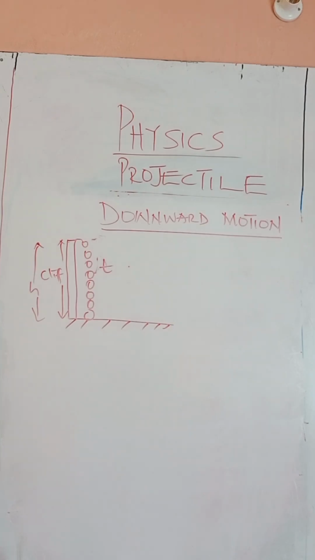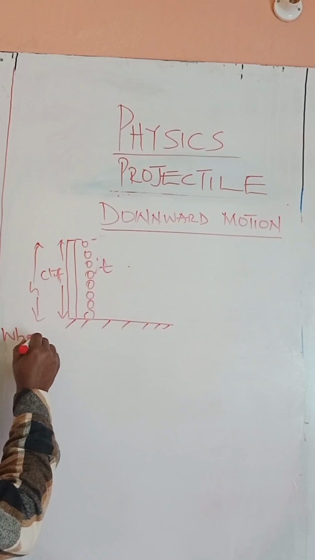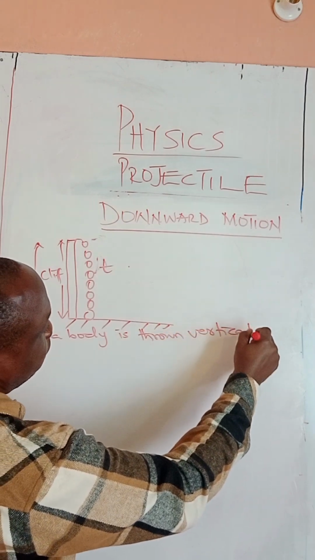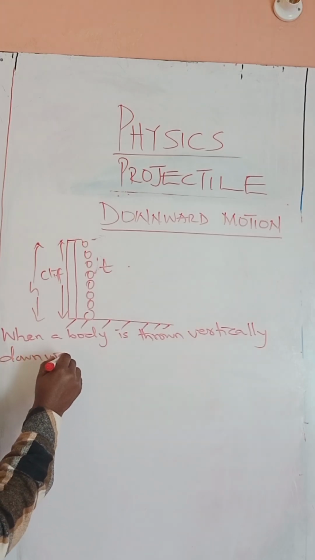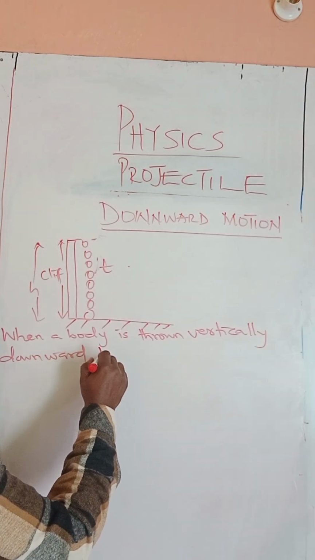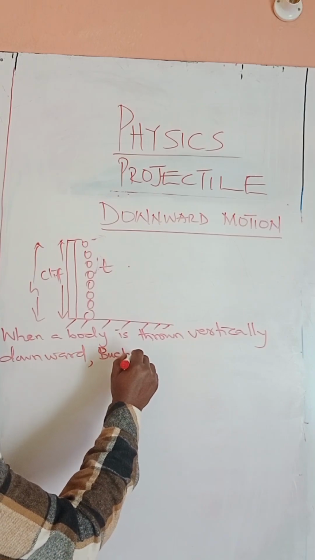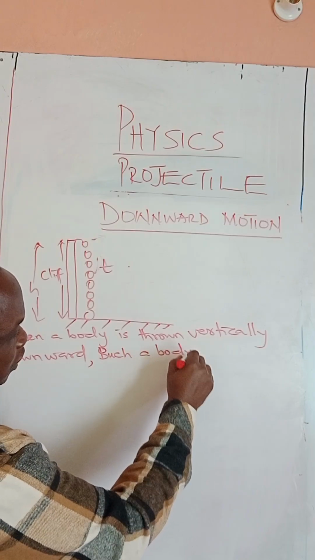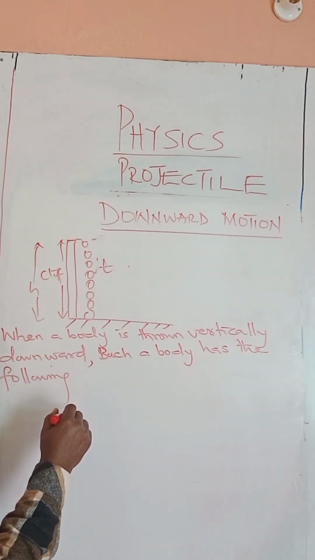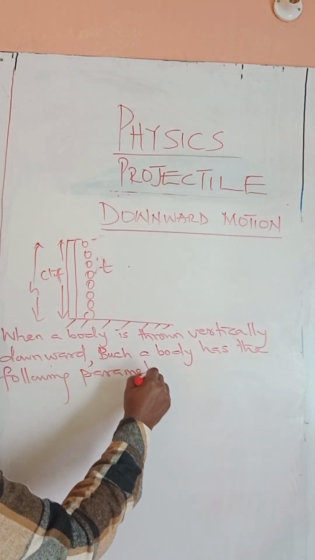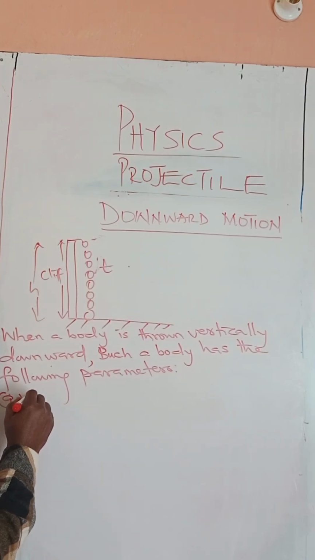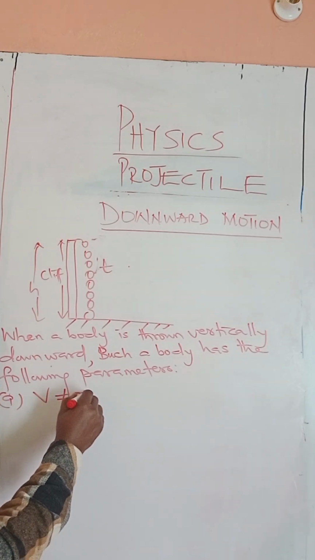So under downward motion, when a body is thrown vertically downward, such a body has the following parameters. Parameter A: its final velocity is never equal to 0 meter per second.